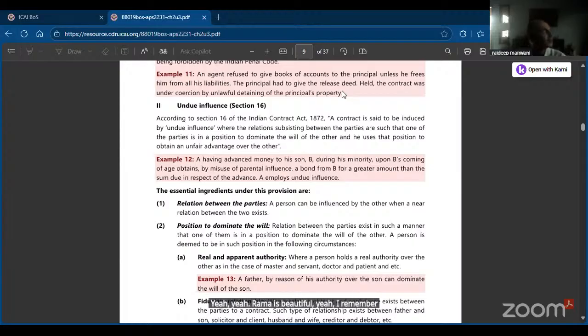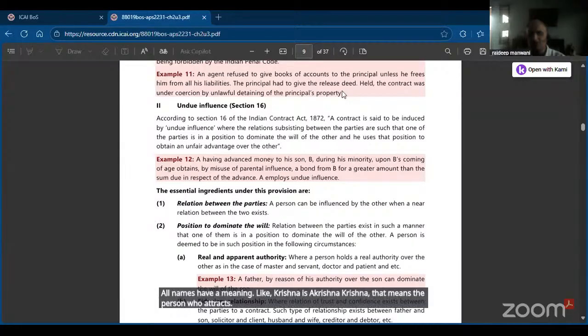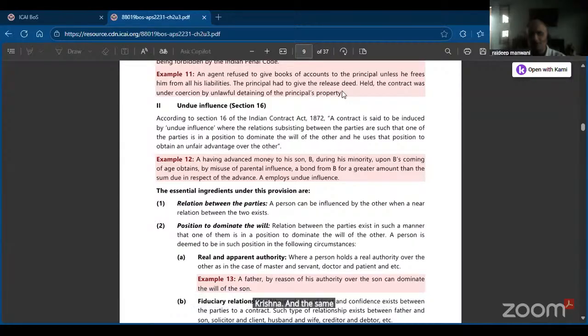All names have a meaning. Like Krishna is Akrishtada Krishna, the person who attracts. And the same origin is in Latin also. Christ, Krishtada, a person who attracts.